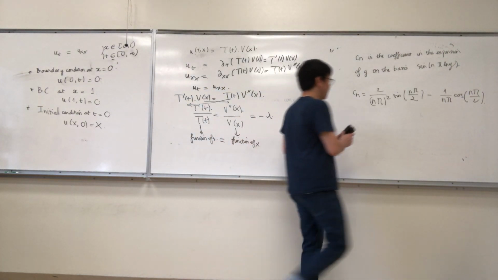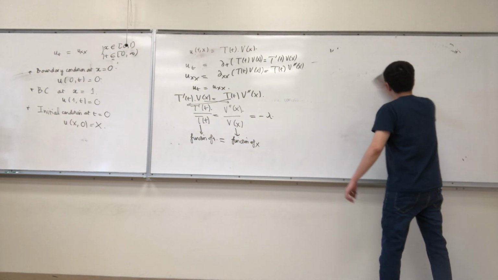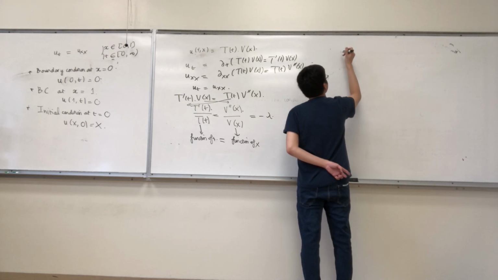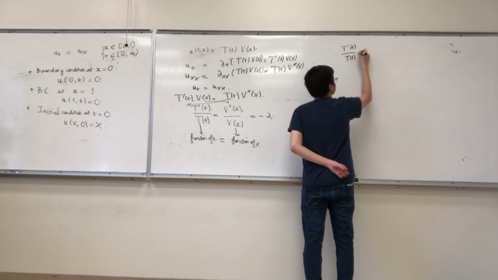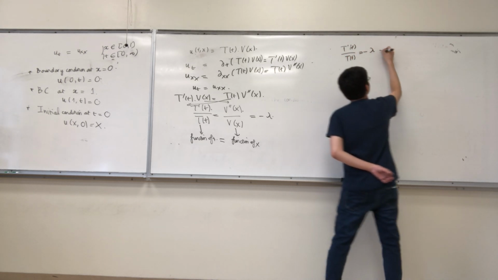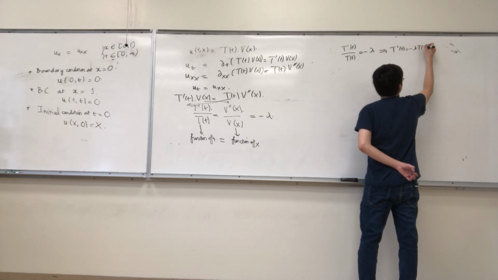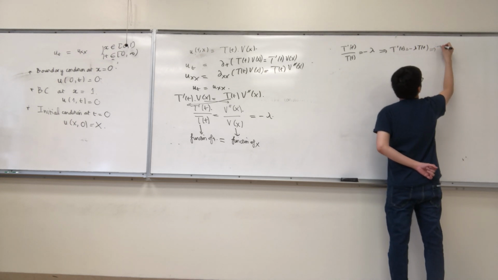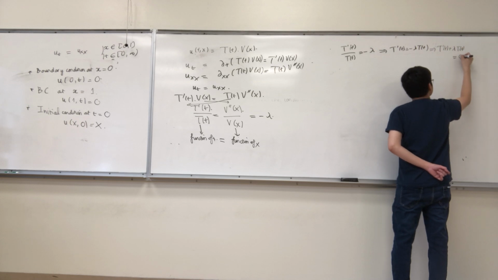Now you're going to solve it. So you have what? You have T'(t) over T(t) is minus lambda, which means that T'(t) is minus lambda T(t). And this means that T'(t) plus lambda T(t) is 0.